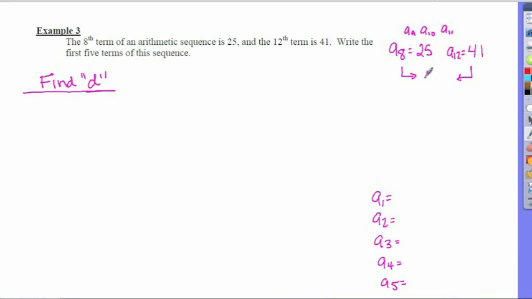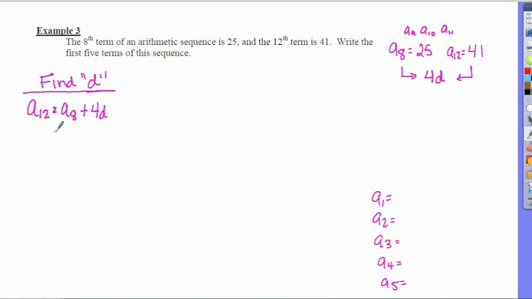So we're going to have to add the difference 4 times. So to get to the 12th term, I'm going to have to start at the 8th term, and I'm going to have to add the difference 4 times.